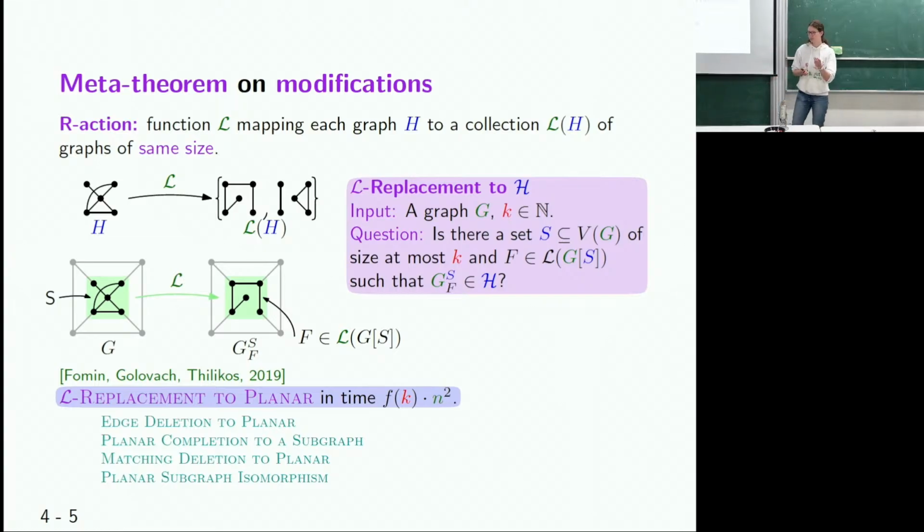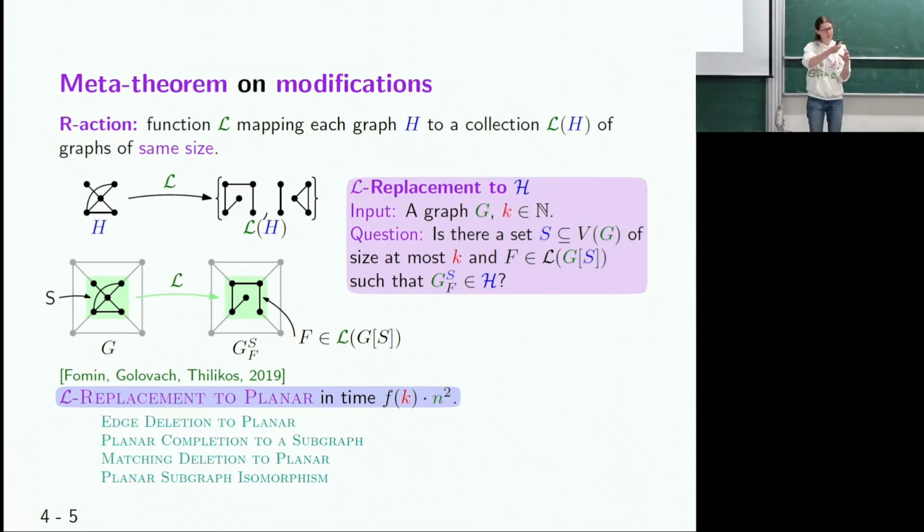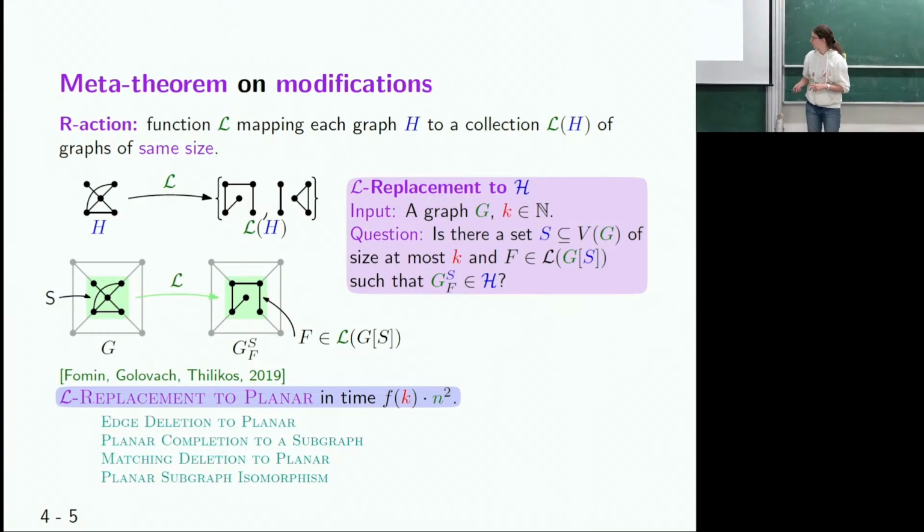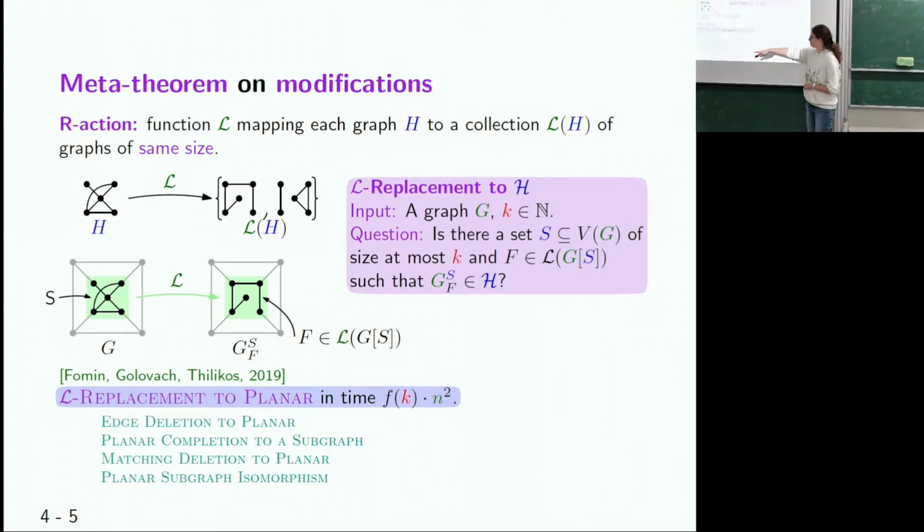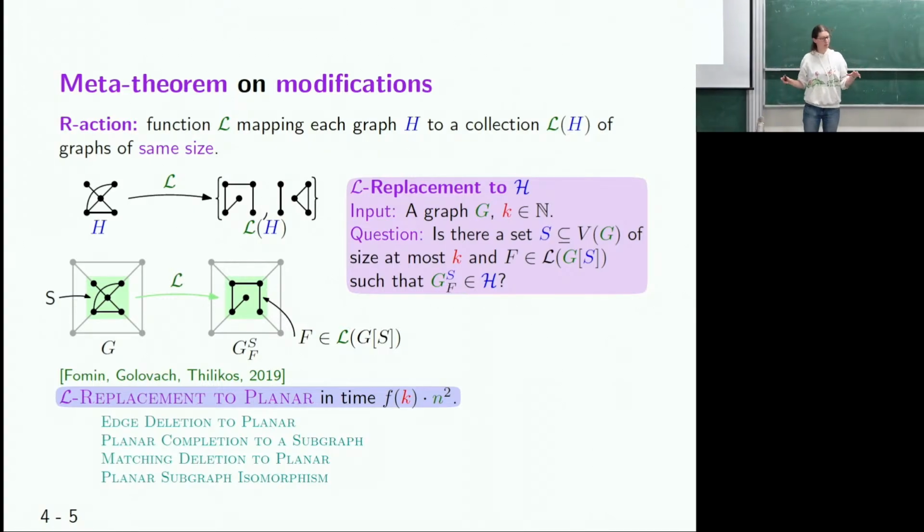You can also ask whether it is possible to take a subgraph and replace it by its complement so that your graph has some property after. And you can even do some things that don't look like graph modification problems. So for instance, planar subgraph isomorphism: is there inside my graph a subgraph that corresponds to some graph H that is planar?